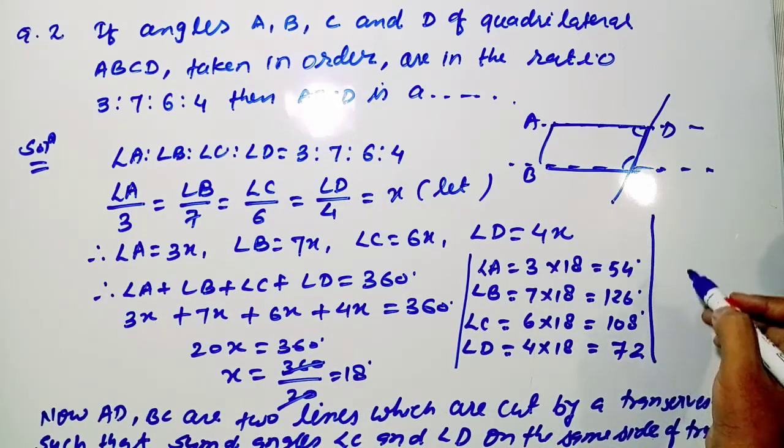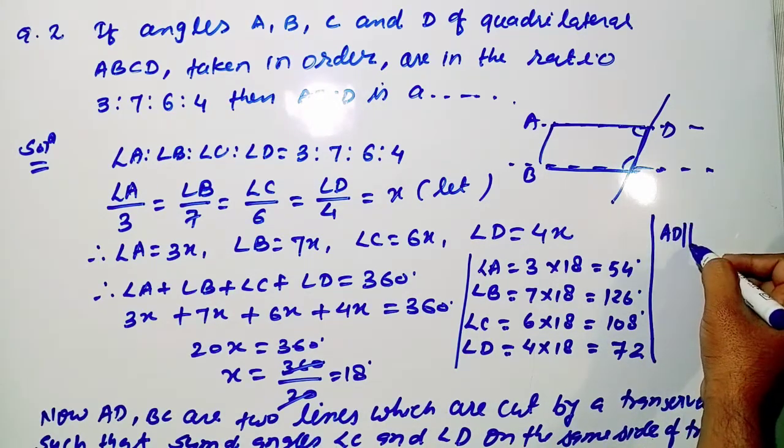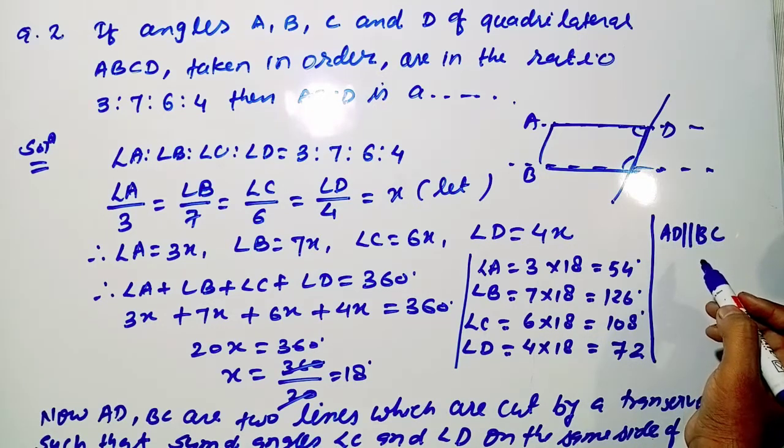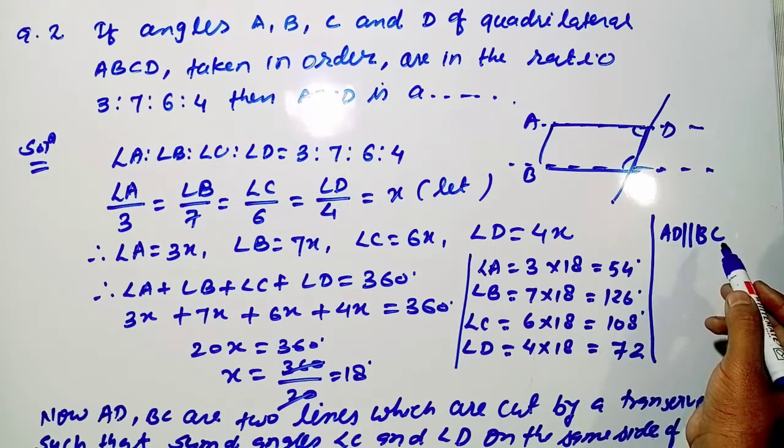So here we can write AD is parallel to BC, AD is parallel to BC, right students?